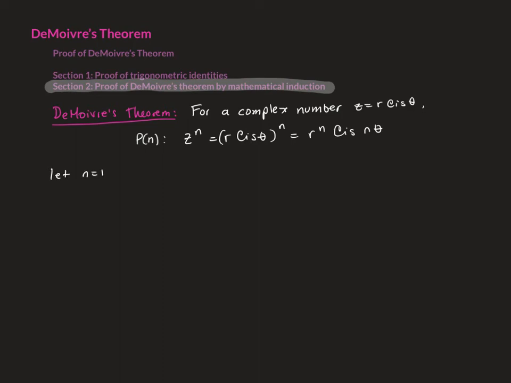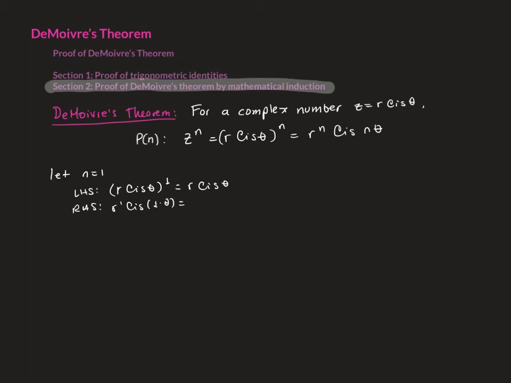We're going to see what r cis of theta to the power of 1 is, and that is going to be r to the power of 1 cis of theta, and this is the left hand side. Now the right hand side is going to be r power 1 cis of 1 times theta.